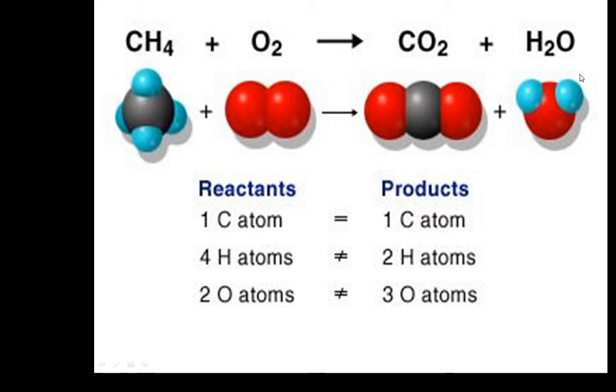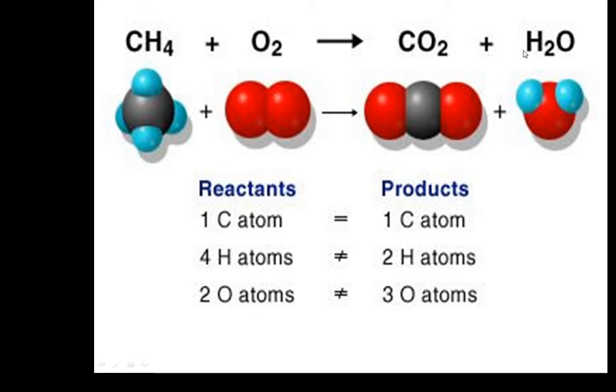Look at the product part, one carbon, okay. Here how many hydrogen? 2 hydrogen, and 3 oxygen. So tell me whether this reaction is balanced or unbalanced. Yeah, if we look at the hydrogen and the oxygen, the reaction is unbalanced.